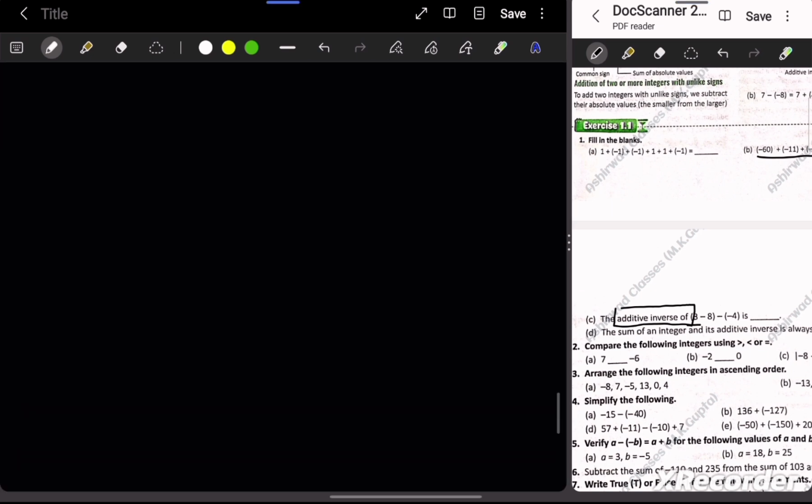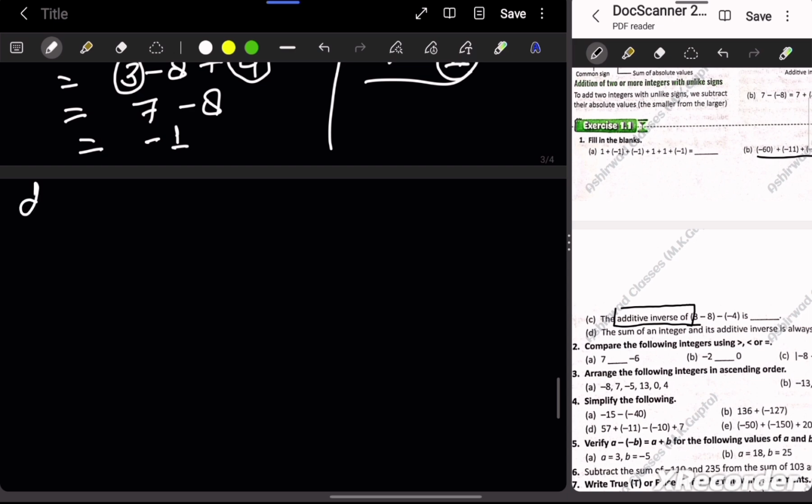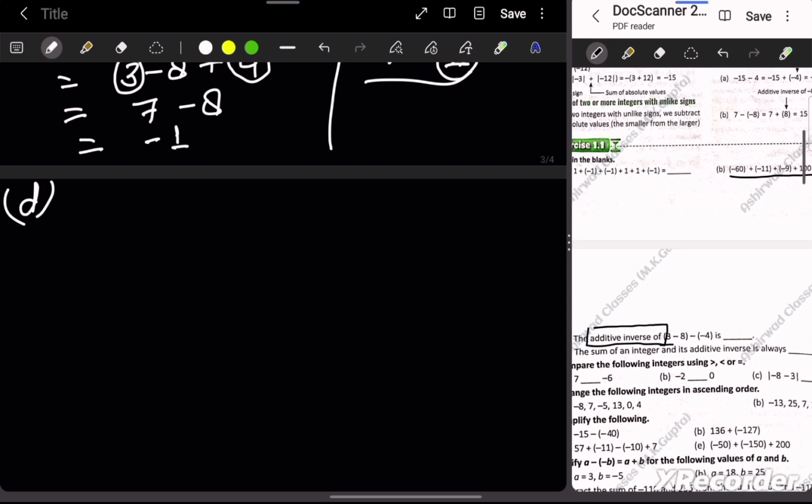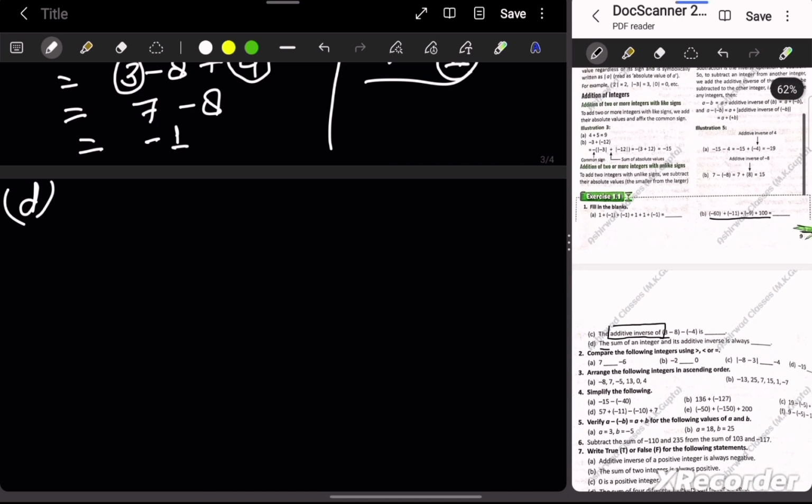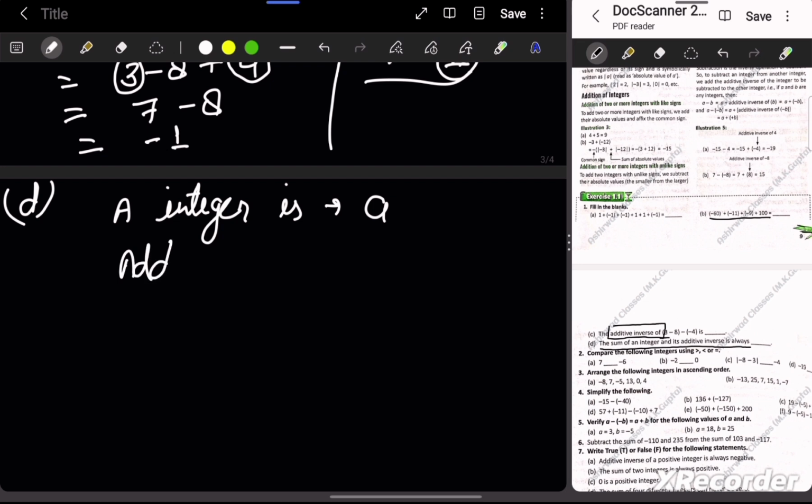Now the next part, D part. What is the D part? The sum of an integer and its additive inverse is always zero. Like that, take an integer a and its additive inverse, minus a.